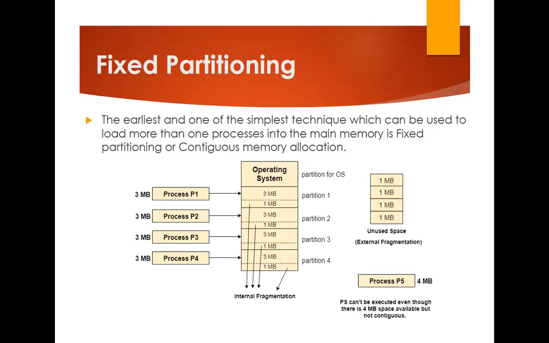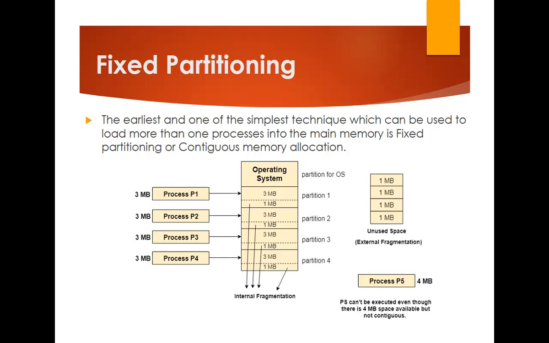So I have 4 partitions. When I put process P1, it will just take 3 megabytes of space and 1 megabyte will be empty in this partition. And for this one as well, 3 megabytes of space it will use and 1 megabyte empty, and for the others as well.